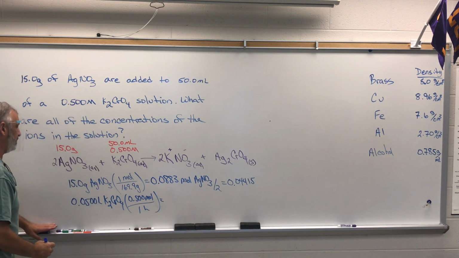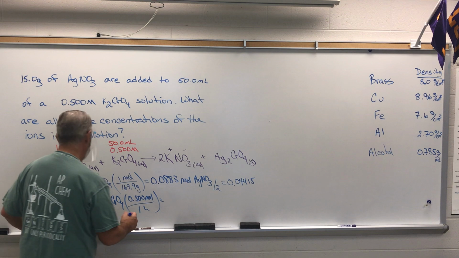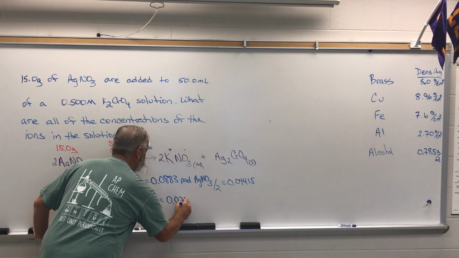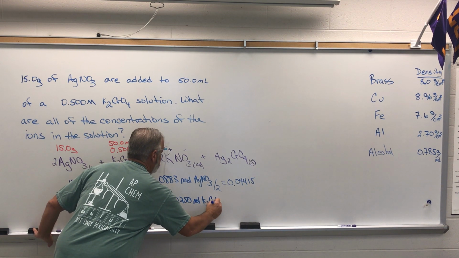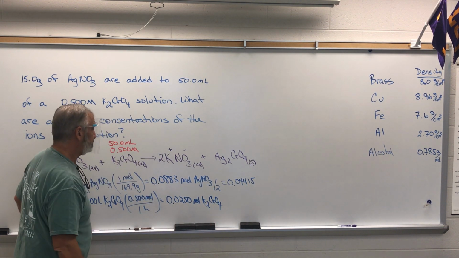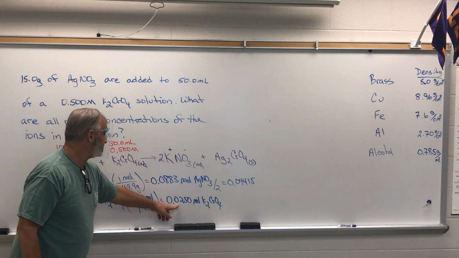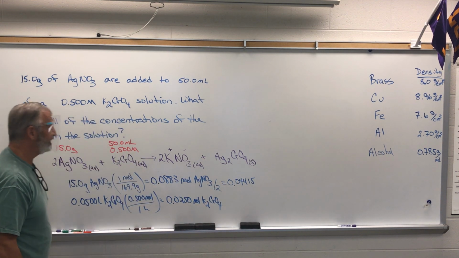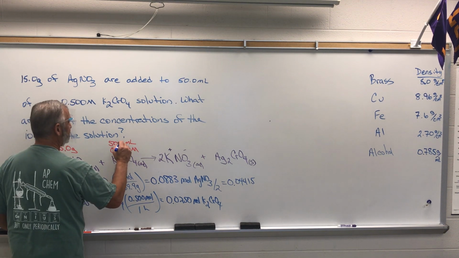So we're going to get 0.0250 moles of potassium chromate. Okay? So 0.025, 0.044, which one's my limiting reactant? Okay, so this is my limiting reactant.